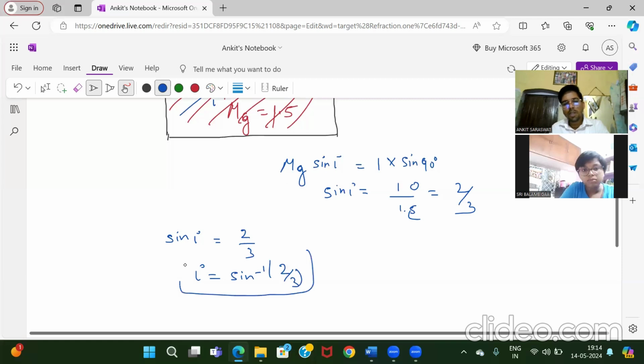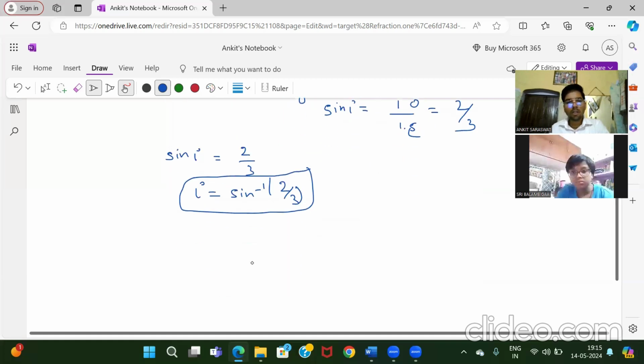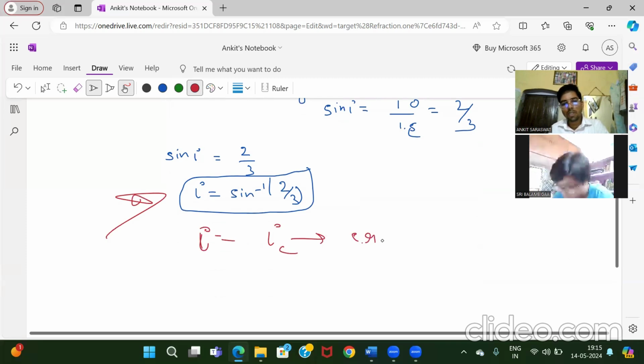Inverse trigonometry is very important. Forget this, sin I is equal to 2 by 3. So this angle is the critical angle. You can write I is equal to IC. This is the critical angle.